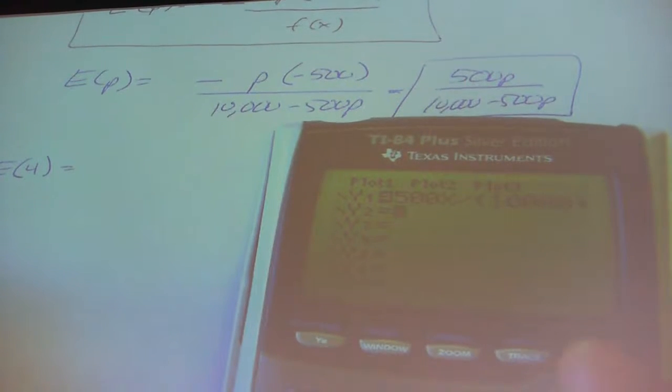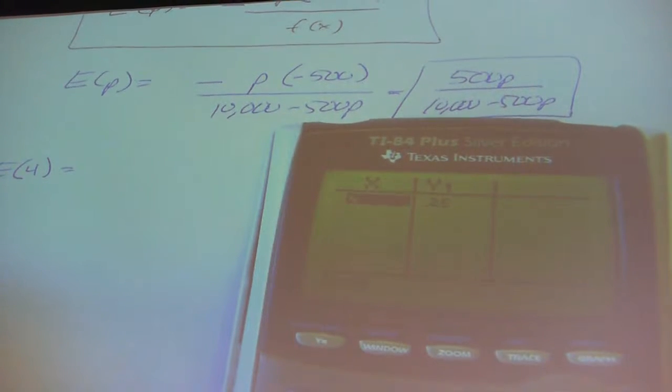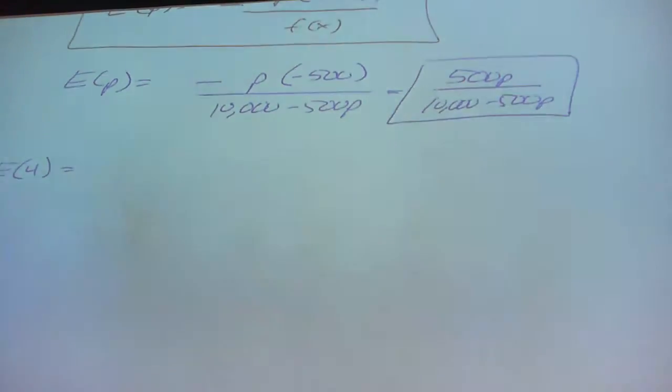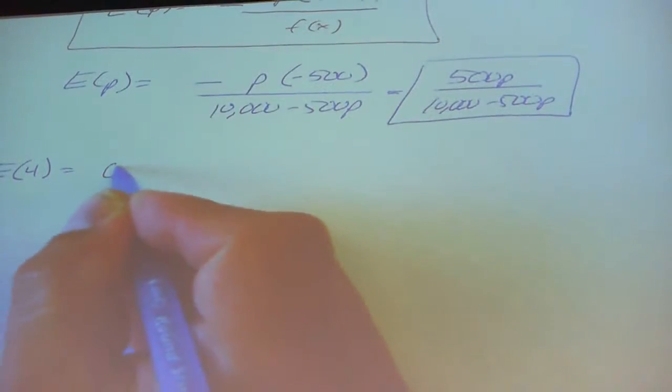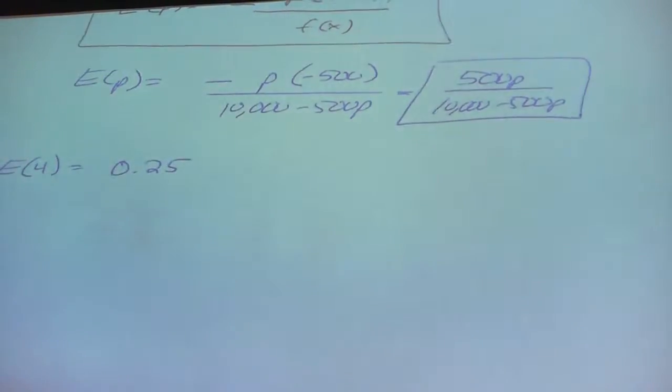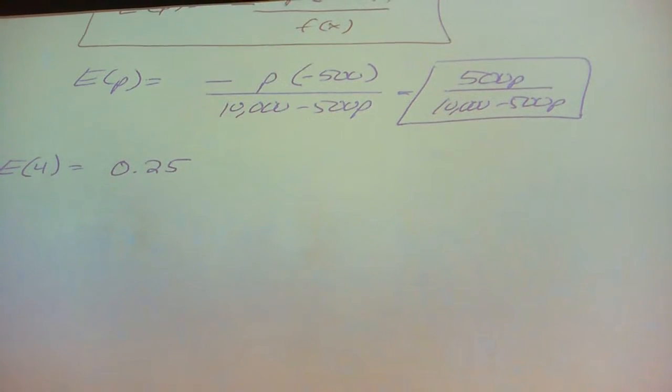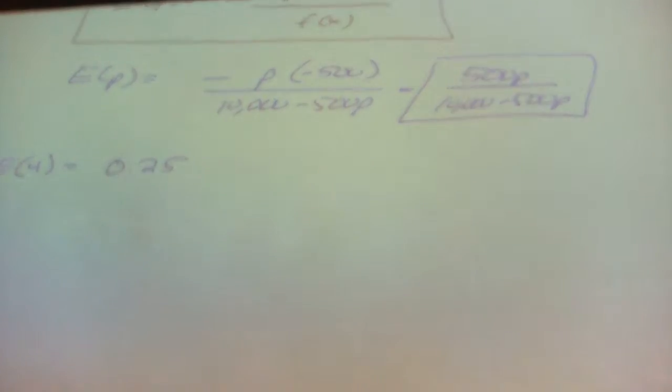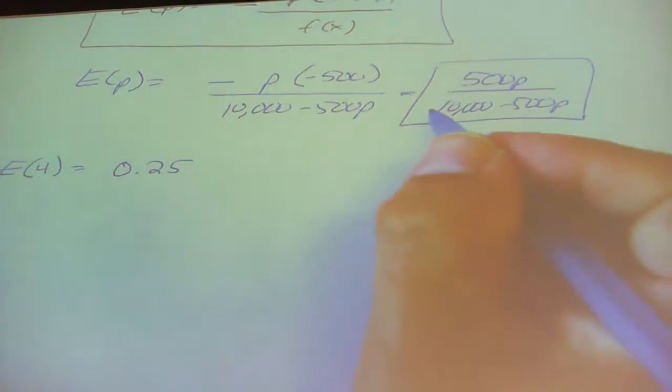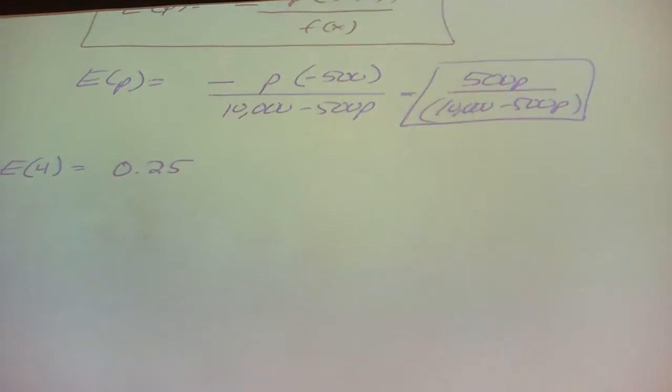When you plug in 4 to the table, what should you get? 0.25. Now, I'm going to give you a quick answer, and then I'll give you a more in-depth answer. Did everybody get 0.25? Remember, the denominator should be in parentheses when you type it in the calculator. When you go to the table and plug in 4, you should get 0.25.